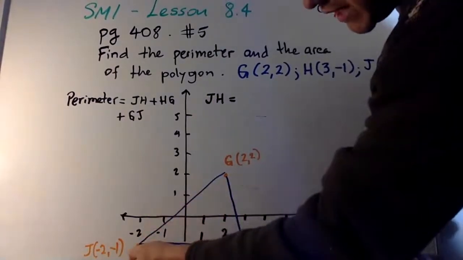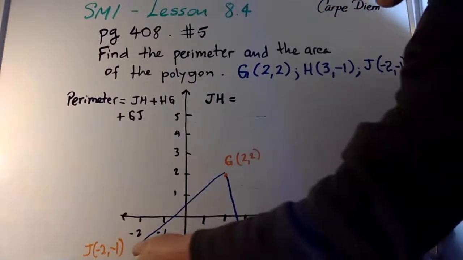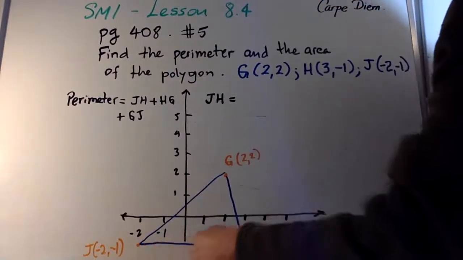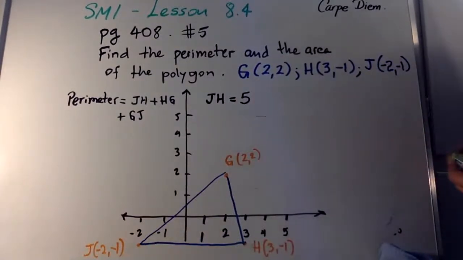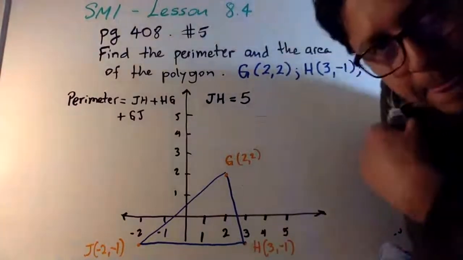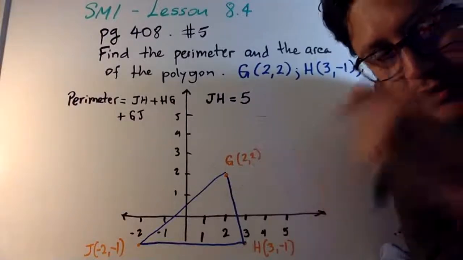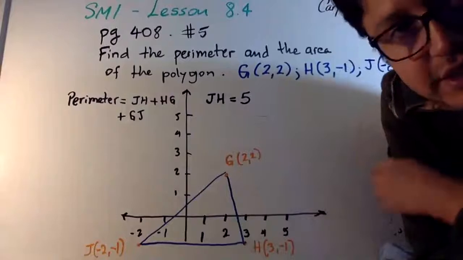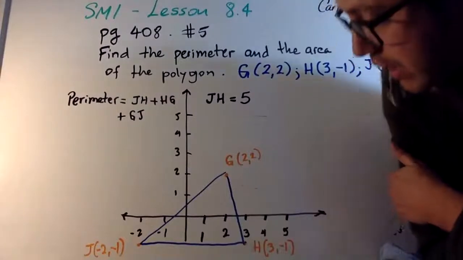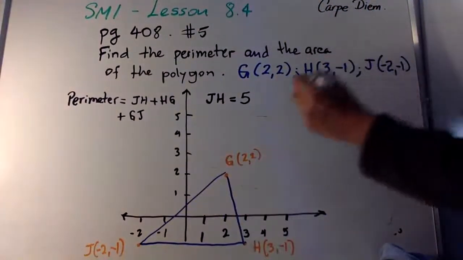If you go from -2 to 3, you just have to count 1, 2, 3, 4, and 5. So it is 5 units, okay? And we do that because it's a horizontal length, or distance. We use the distance formula, remember? Okay, so let's go for it.